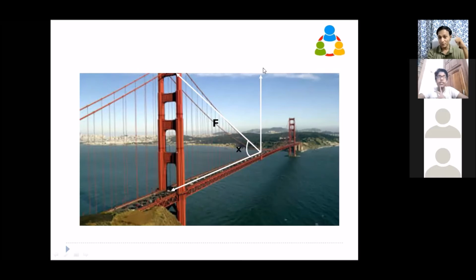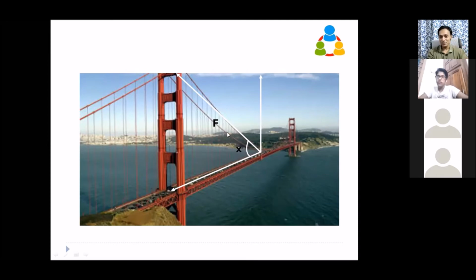What is this value? Assume the sine of this angle is x. F sin x exactly. If this is F 100 Newton, how much will this be? 100 sin x. So that means you don't get 100 here. You get a value less than 100.